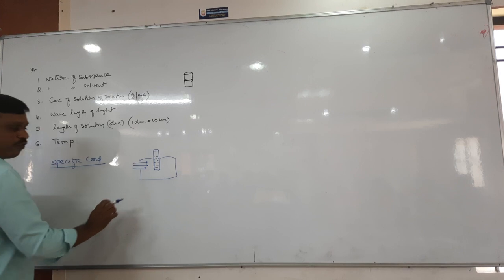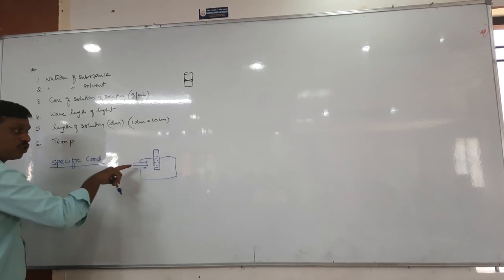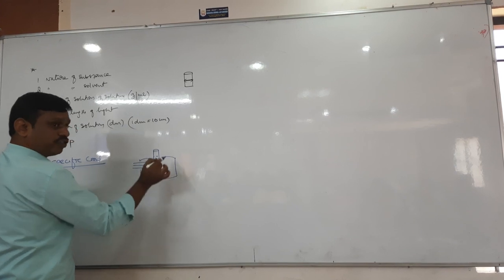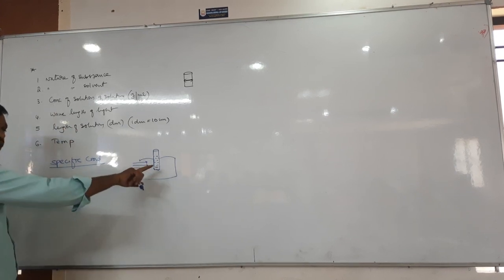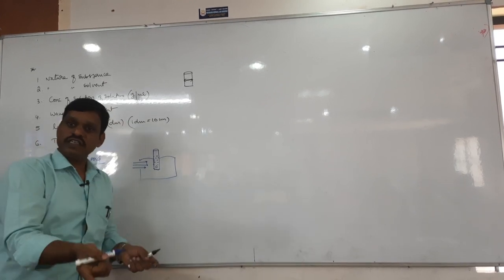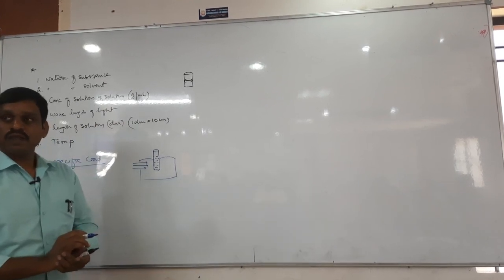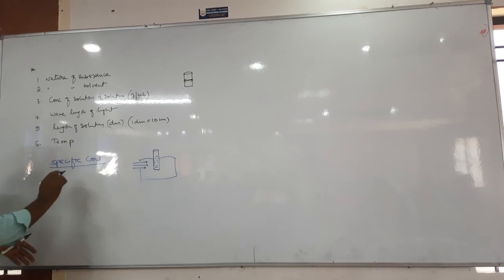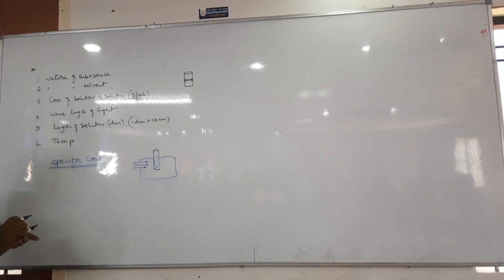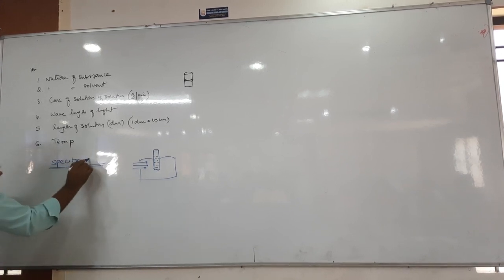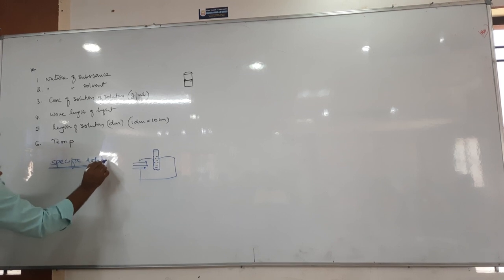So when monochromatic light is passed through this, the polarimeter measures the rotation, whether it is rotated left side or right side, and how many degrees. To measure this we take the specific rotation.